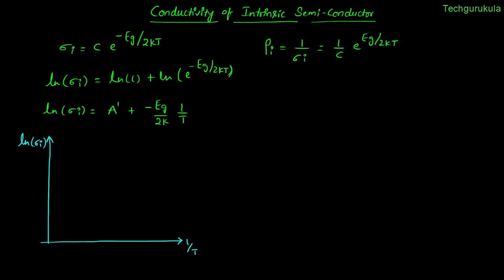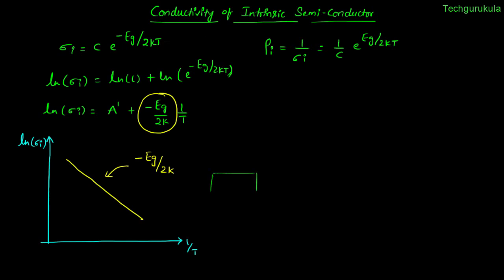Now if we plot this function, we would get a line like this, where the slope of this function would be minus Eg over 2k. So A prime is a constant, and this looks like a straight line with slope of minus Eg over 2k. So that's what we're getting here.